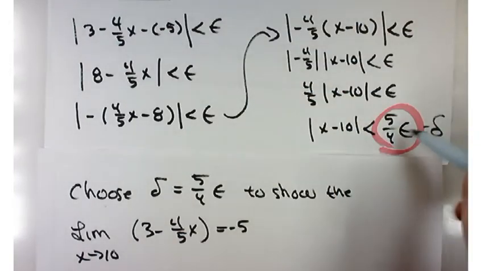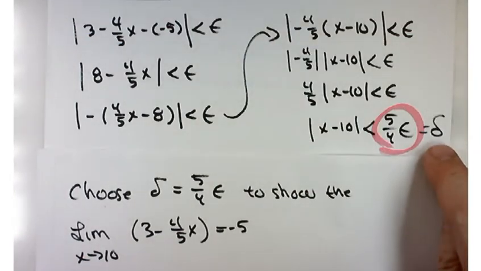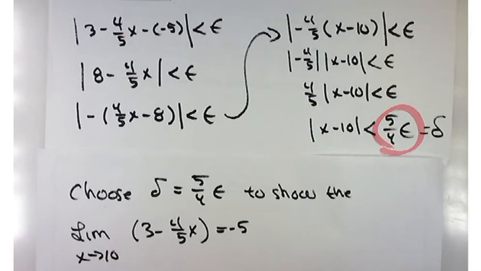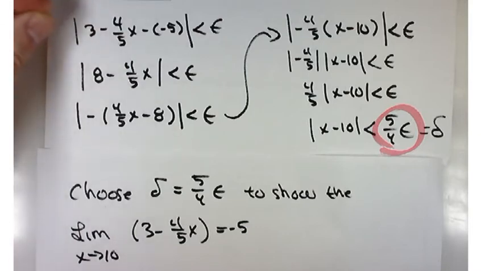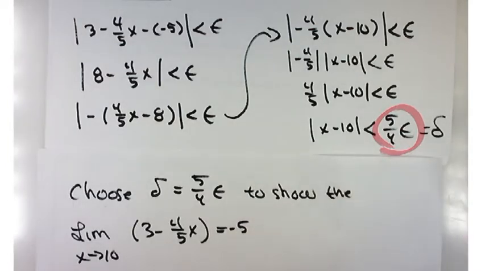Basically, once this is true, I can work my way all the way back here. So with this choice of delta, I can find my choice of epsilon. I can get as close as I want in the y-axis based on my choice for the x-axis. So that's the proof.